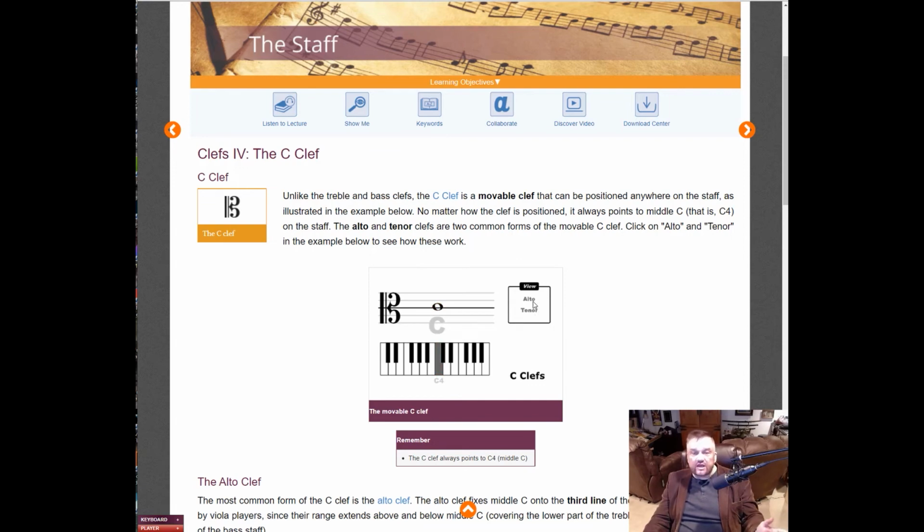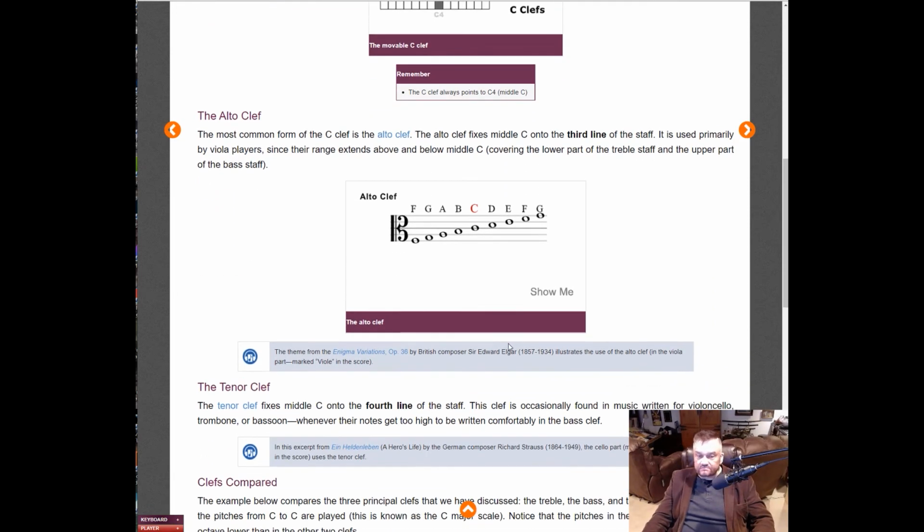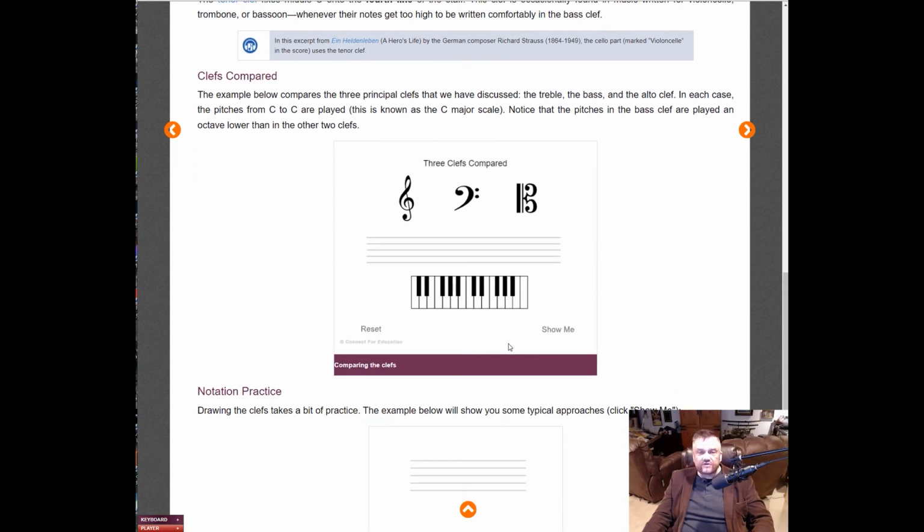Whether it's the alto clef or the tenor clef, either one, that middle arrow is pointing to middle C. It's also called the movable C clef. However you want to look at it, it doesn't really matter. You can compare the clefs here, showing you where pitches are. Middle C is there.